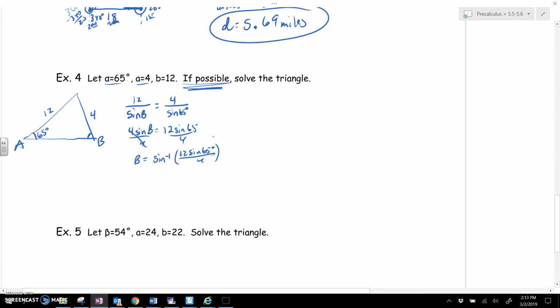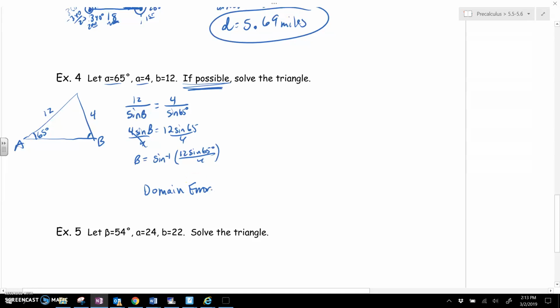The problem is, when I type that into my calculator, inverse sine of 12 sine 65 divided by 4, my calculator actually says error. Sometimes when that happens, we think we just made a mistake.